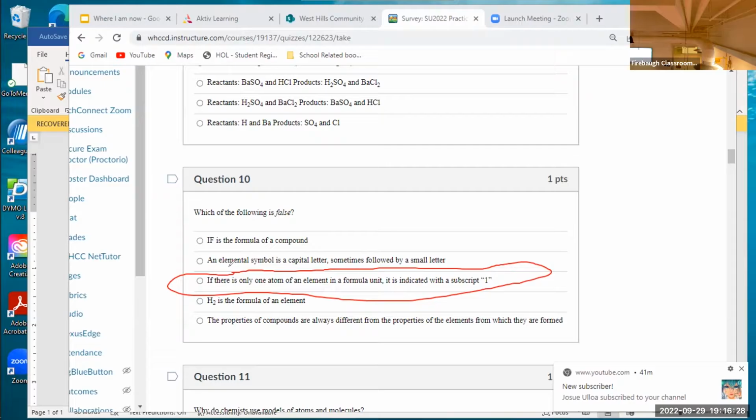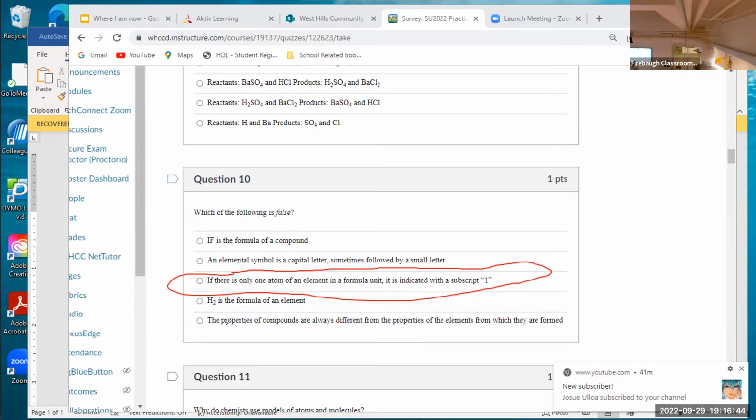Or if you remember the 7 plus 1, it's a little 7 in the corner of the periodic table. 7 plus 1.